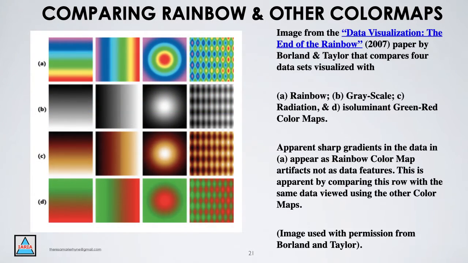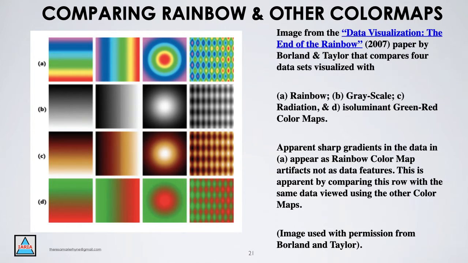Here's what it means. If you compare the rainbow color map in your data visualization process to other color maps, notice in this particular example, this striping here. Well, guess what? For a grayscale, there's no striping. For others, there's no striping. Then for this one, there's no striping.